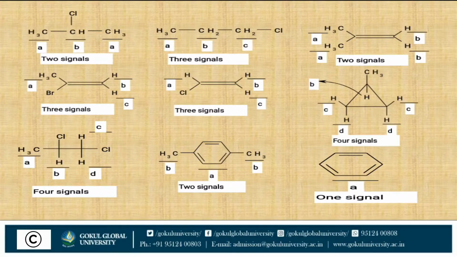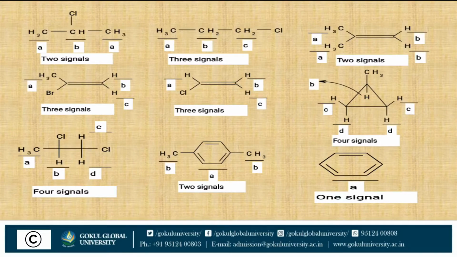Then our sixth example, methylcyclopropane, has four signals. Because of the plane, the CH3 gives a different signal and the hydrogens are different. These two give different signals, and on the other side the two hydrogens on the upper and two hydrogens on the lower give the same signals because of the plane. So this molecule has four signals.